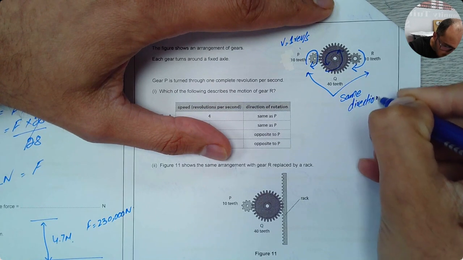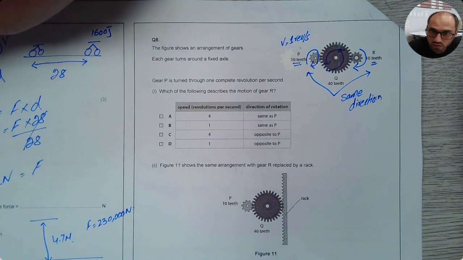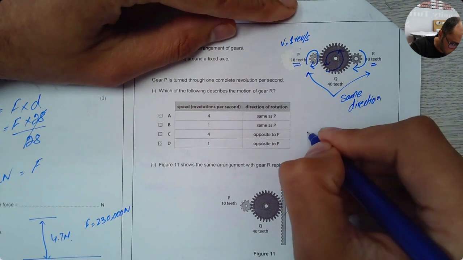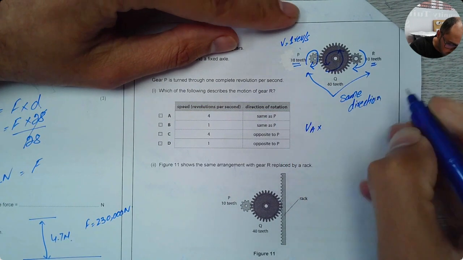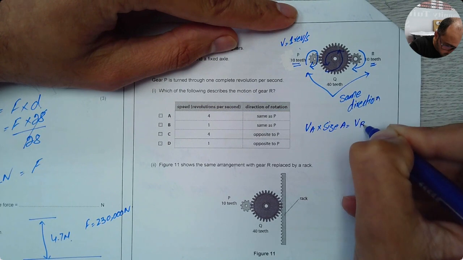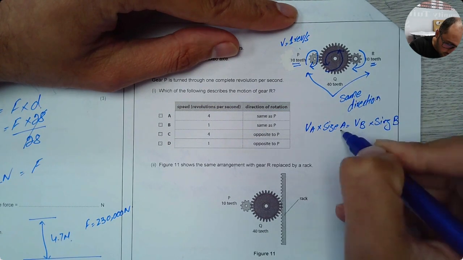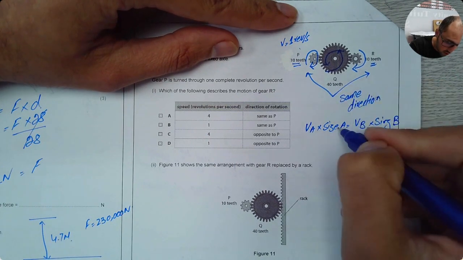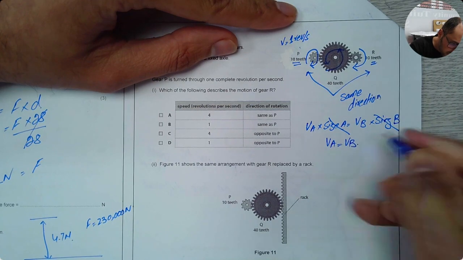They both have the same number of teeth as well. If you remember, I gave you the equation: the speed of gear A times the size of gear A equals the speed of gear B times the size of gear B. In this case, they both have the same size because they both have 10 teeth. They will cancel out, so VA will be equal to VB.